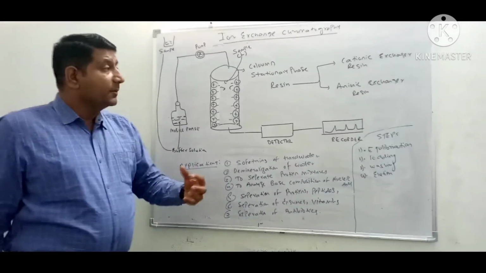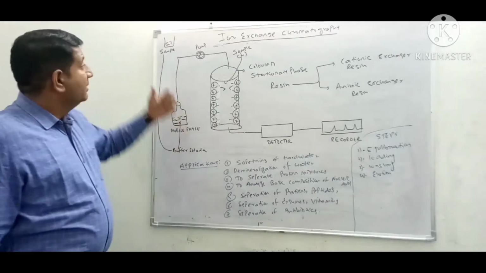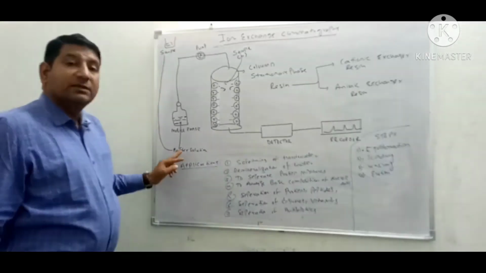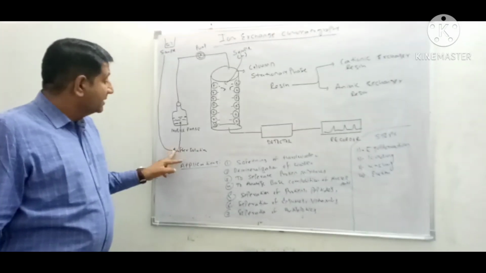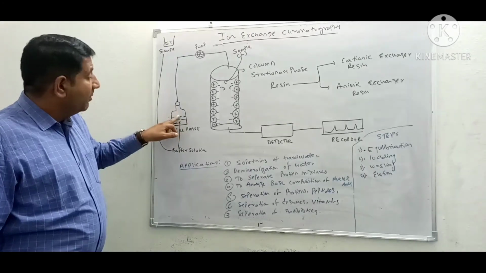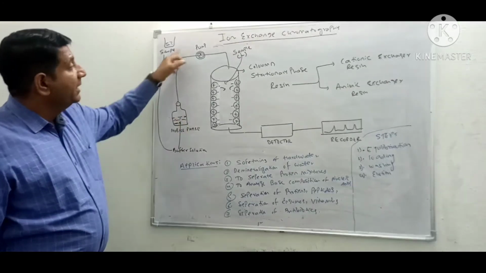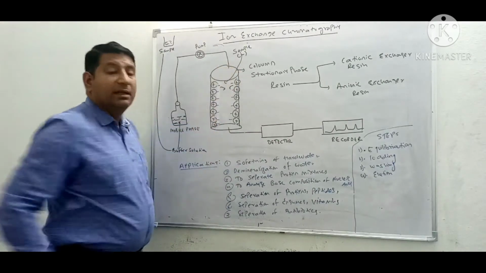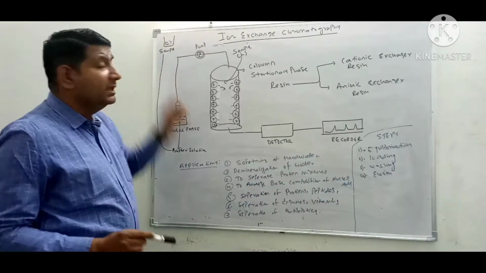Now, how does this process work? The sample is taken out from the sample reservoir and mixed with a suitable buffer solution. The sample plus buffer solution is then mixed with the mobile phase, and from the mobile phase the sample is pumped into the column with the help of the pump. For example, here the sample is protein.